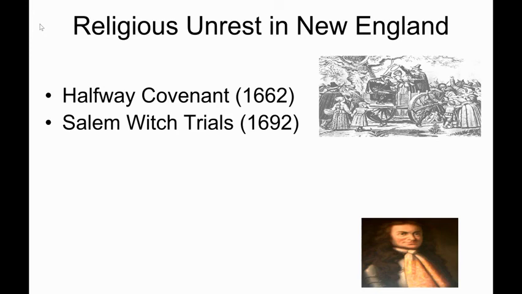These women either were unmarried, or they were women that held prominent positions in society in a time when women just didn't do that, or they spoke out against the church. But whatever the case, many of these women got branded as witches, and the Puritans had always believed in witchcraft and the work of the devil.